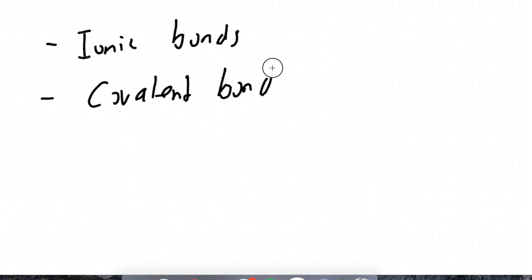So before we get into this, the book always likes to talk about inert gases. Inert gases are noble gases, which are group 18 elements. Do group 18 elements form ionic bonds or do they form covalent bonds? Guess what, students? Group 18 elements form no bonds. The reason?